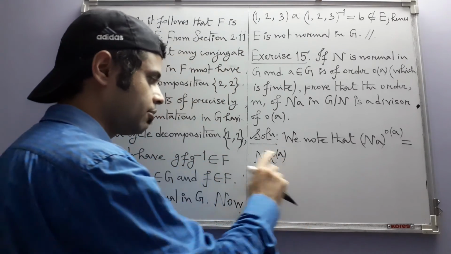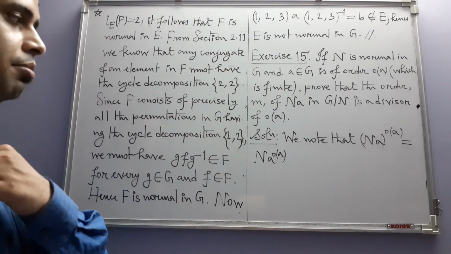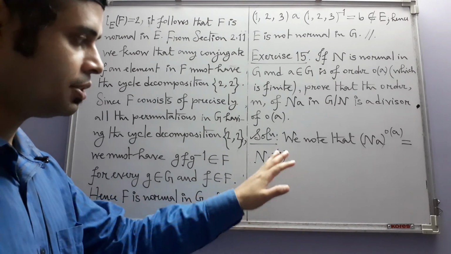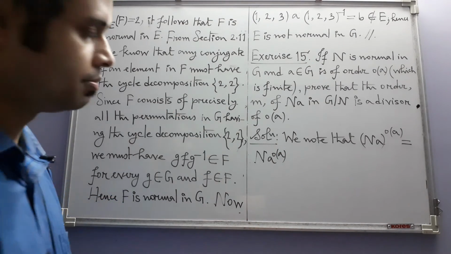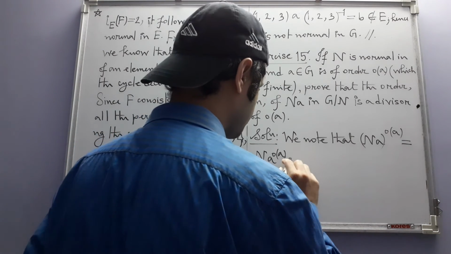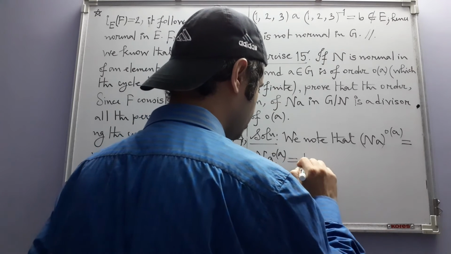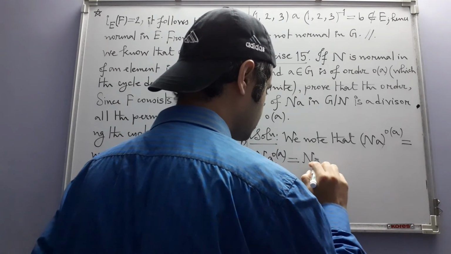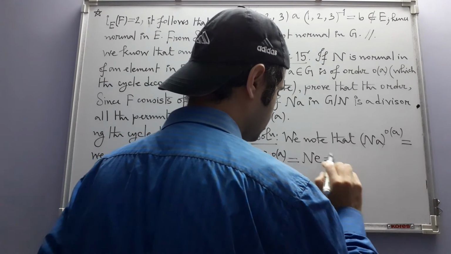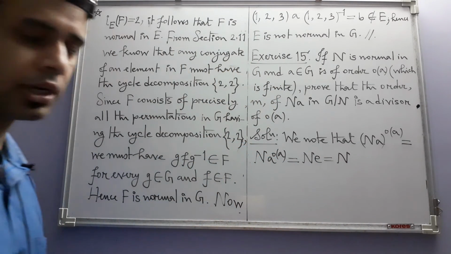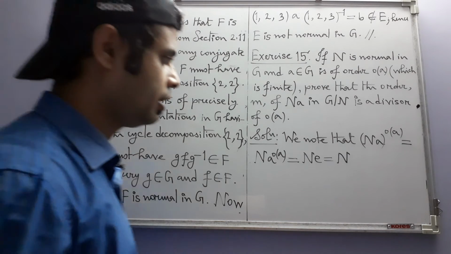Keep in mind that the order of A, when it is finite, is by definition a positive integer. Now A to the power order of A is the identity, and since N is a subgroup and E belongs to N, this coset is equal to N.